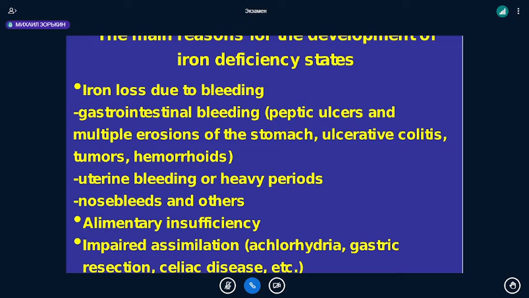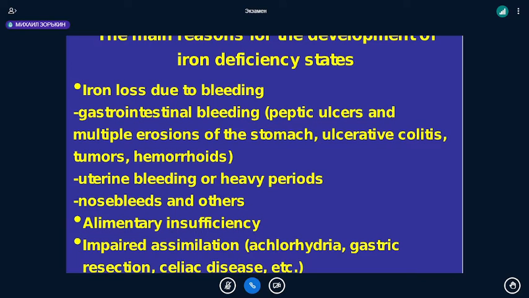Usually, for example, for the child population, alimentary insufficiency, the lack of iron supplement with the food, impaired assimilation, for example, when there is decreased acid production in the stomach, and iron cannot be assimilated without this reaction.